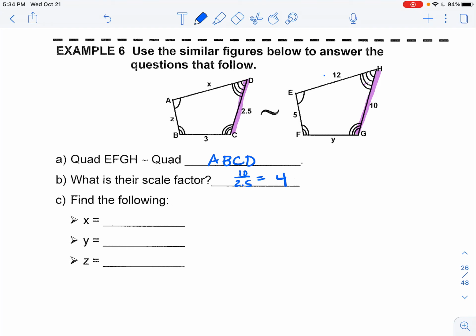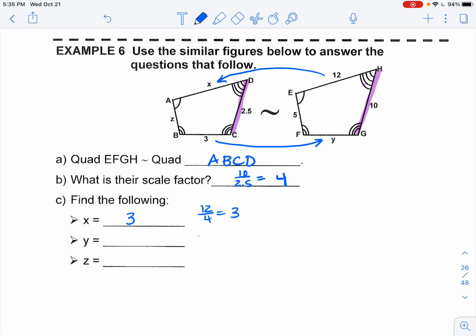So if I want to find what x is, and I want to get back to the old figure, I've got to divide by 4. And so x would be 3, because 12 divided by 4 is 3. All right, my y value, let's see. I'm going from 3 to the y value.